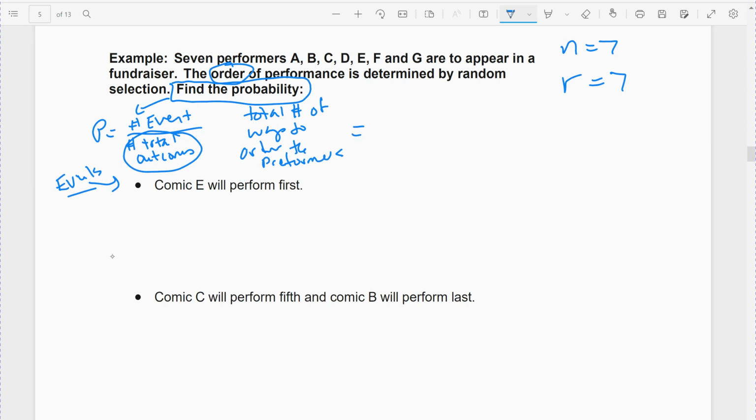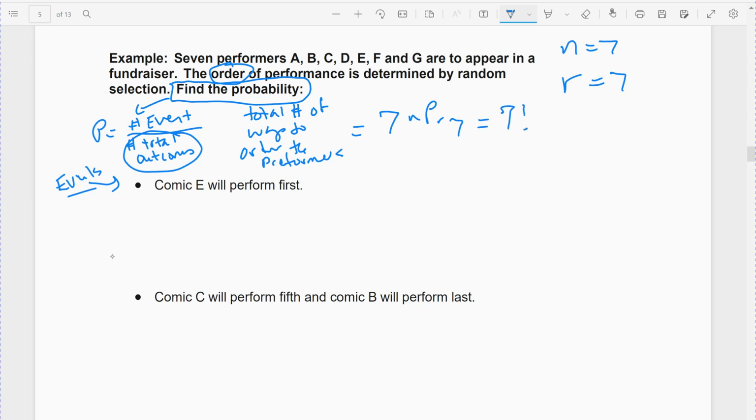That would be the big set. Well, I'm picking 7, and I'm ordering them in 7 spots. So I'm going to choose all 7. So this is one where I'm choosing the whole group. And so technically it is 7, permutation, choose 7. Another way you could write this is the very first one that I talked about. When we're picking everybody, that's the factorial case.